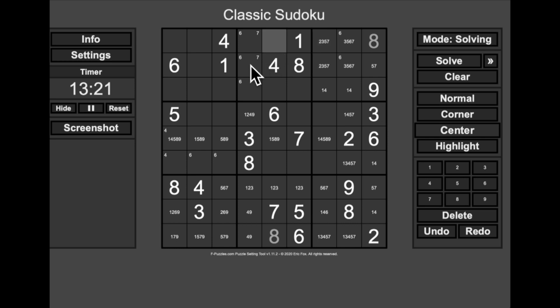Let's see, 1, 4, 8. I have digits left to place: 2, 3, 5, 6, 7, 9. In some fashion. That can't be 7 or 9, by the column and the row, and it can't be 5 or 6 either. Okay, this one can't be 6 or 7 or 9.